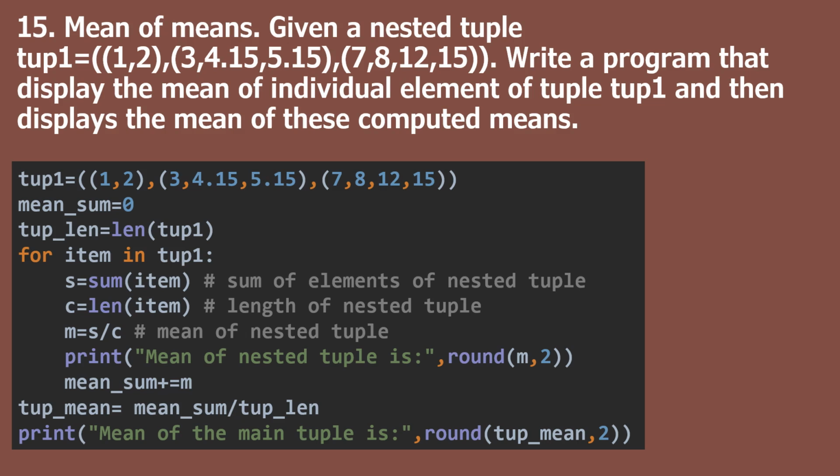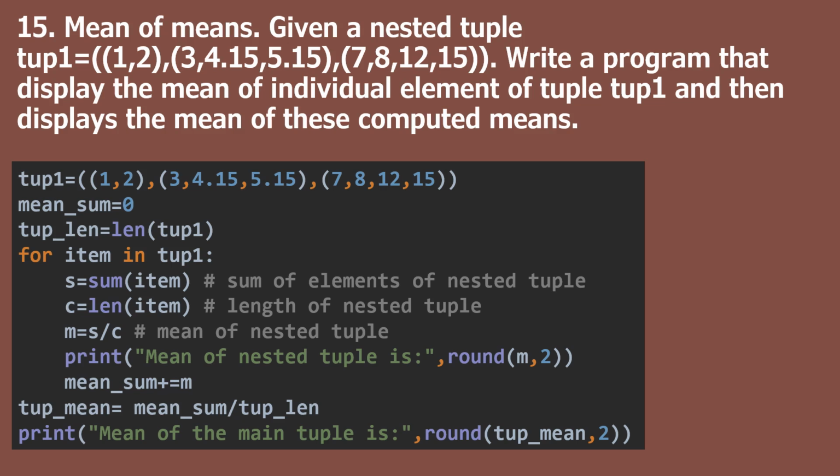So S is equal to sum of item. The sum of the values of the inner tuple will be stored in a variable S, and C will store the length of that particular item, that means the length of the nested tuple, and M is equal to S divided by C. So if you divide S with C, then you'll get the mean of the nested tuple.